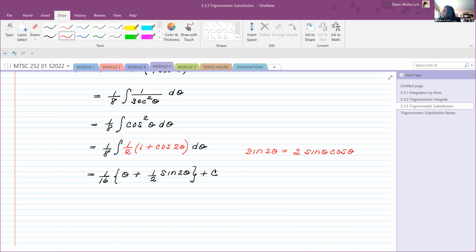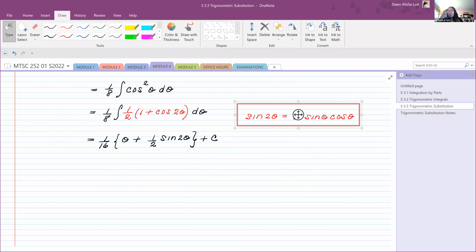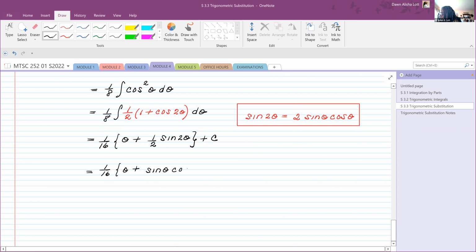So here's a new rule you have to know. So this now becomes 1/16 times theta plus, when I put in 2 sine theta cosine theta times a half, I just get the sine of theta times the cosine of theta plus c.